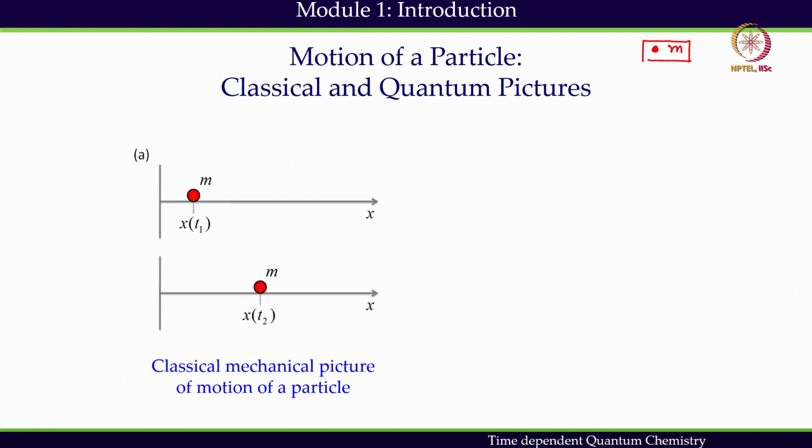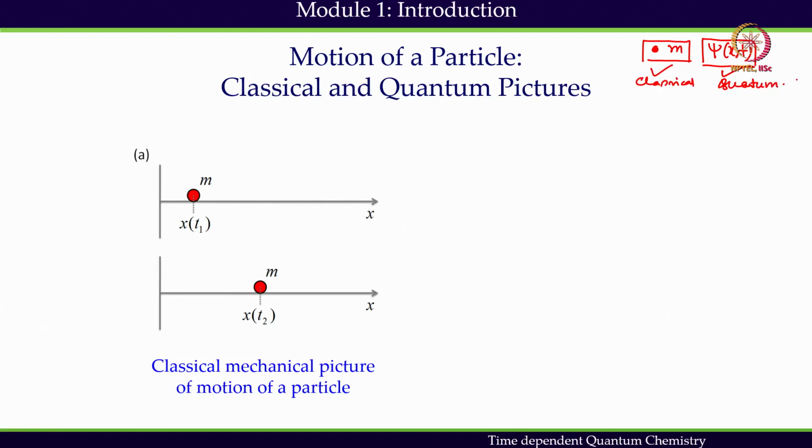The same particle, in quantum mechanics, will be expressed in terms of wave function. So what is the meaning? What is the difference between these two pictures? One picture is this one. This is the classical picture, and this is the quantum mechanical picture.